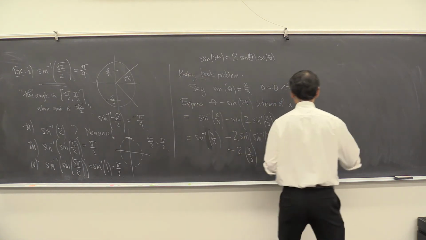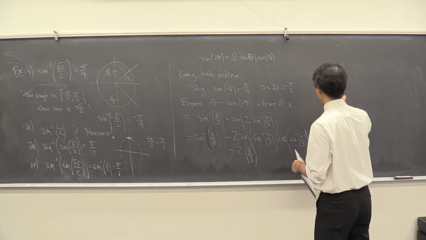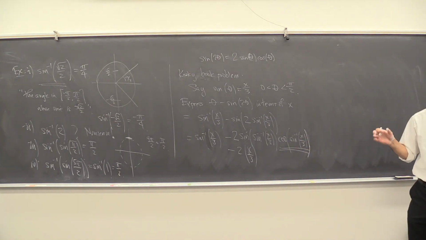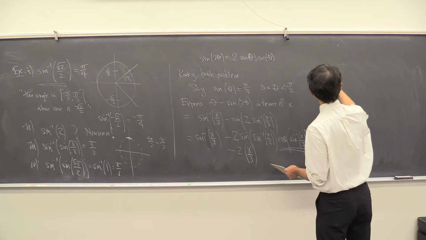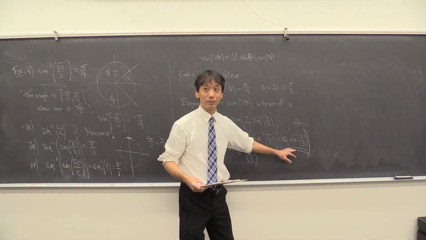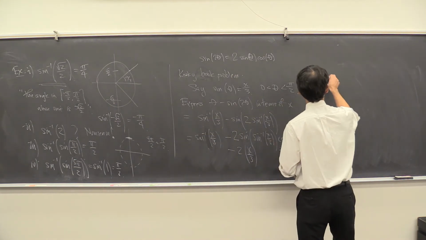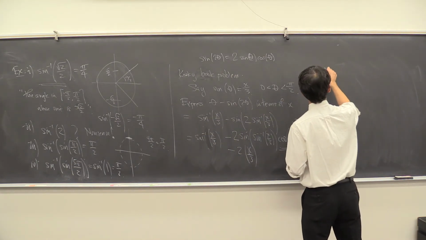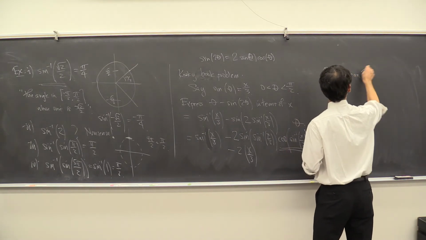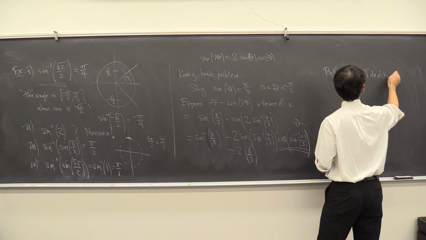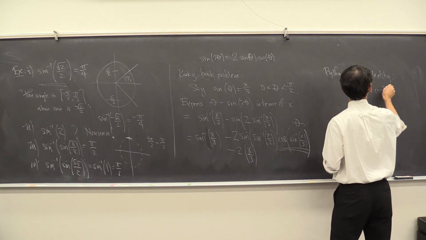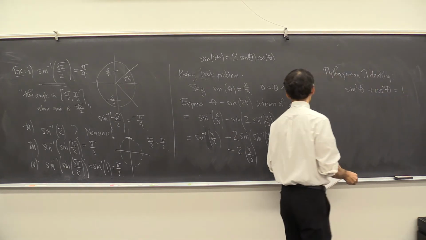Okay. So this one you can simplify using the Pythagorean theorem. Let me just call this thing theta for right now, so I don't have to keep on writing it. The Pythagorean identity says sine squared theta plus cosine squared theta equals 1.